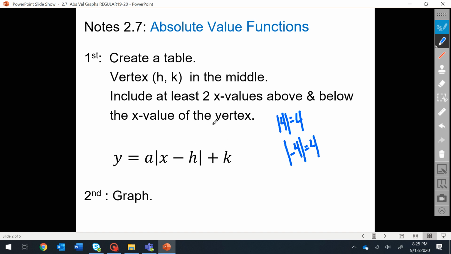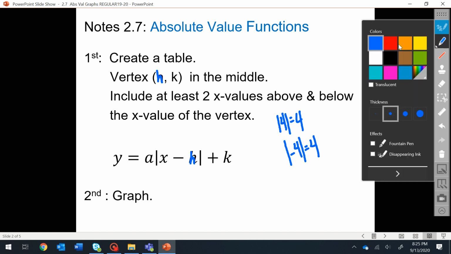In order to graph this, we will first find the vertex, which is the lowest point or the highest point, and then we'll graph at least two values above or below the x value of the vertex. When you're looking at an absolute value function, the x coordinate of the vertex, which is the letter h, will be inside here with the x.